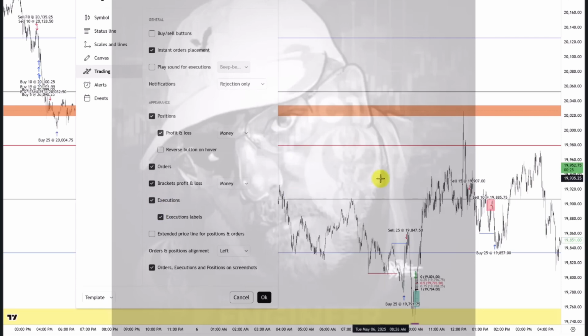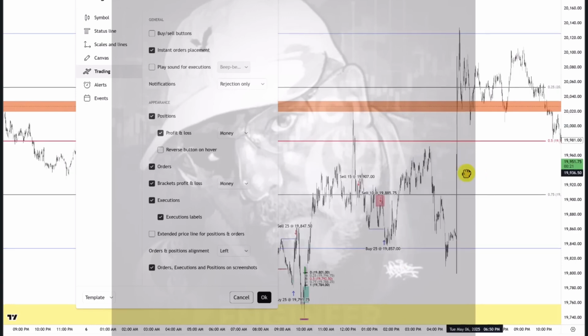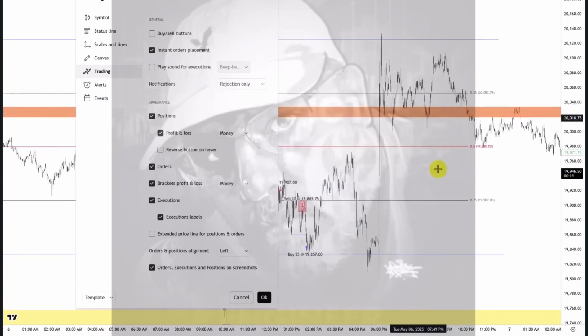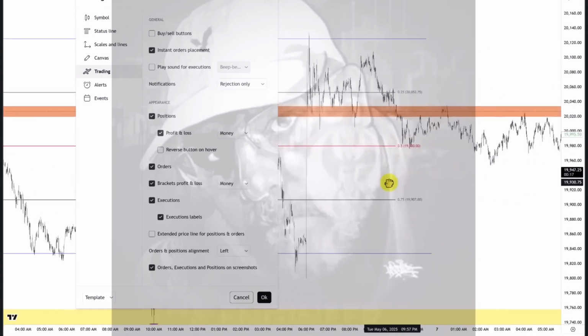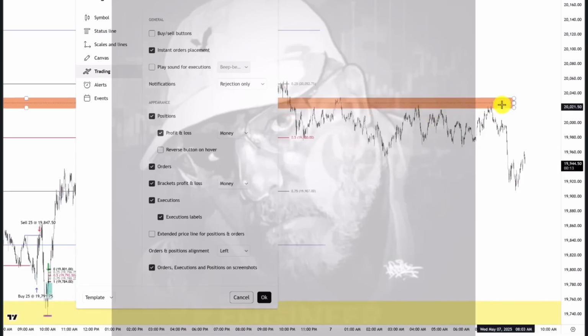Same account, basically. And then now, this is Monday's first percent fair value gap. Pretty random, isn't it?